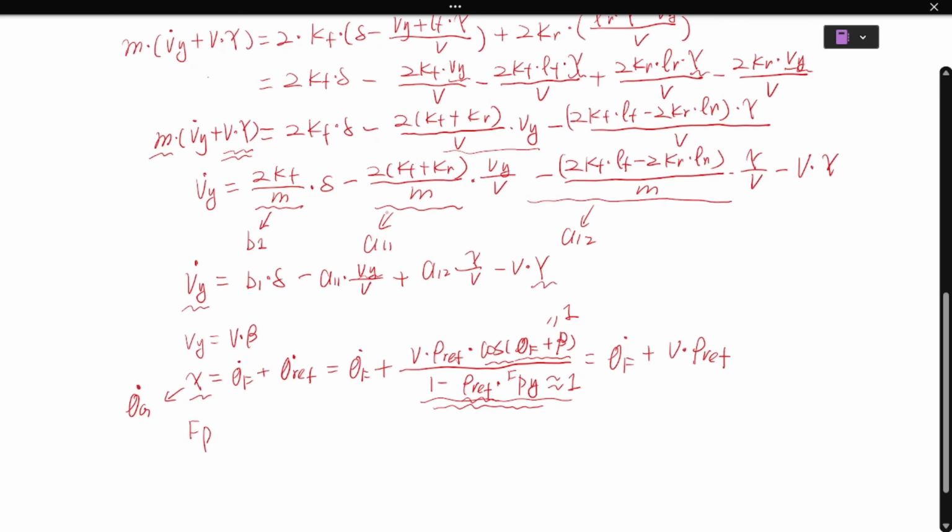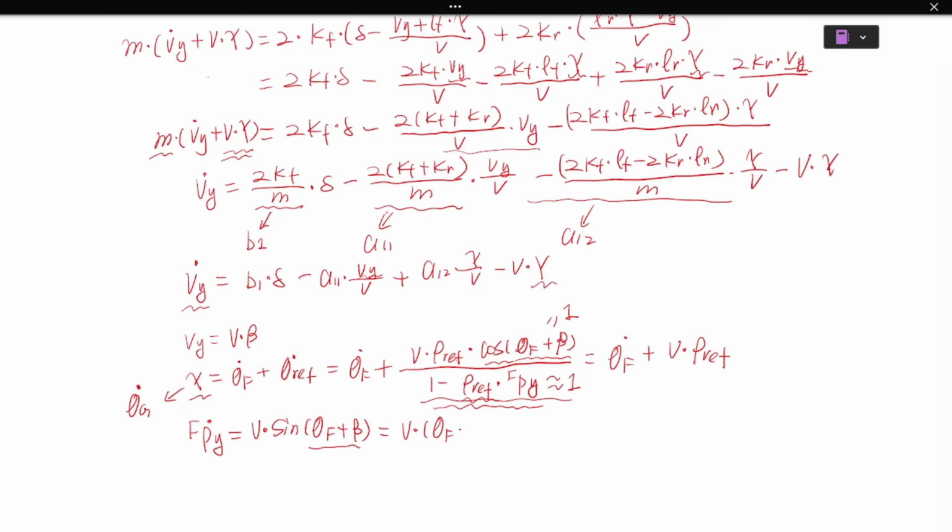Next, so we get the gamma equation. Next, fpy dot equals v times sine of theta f plus beta. This we also derived in the last episode. Because theta f plus beta is quite small, it equals v times theta f plus beta, which equals v times theta f plus v beta. V times beta is vy.